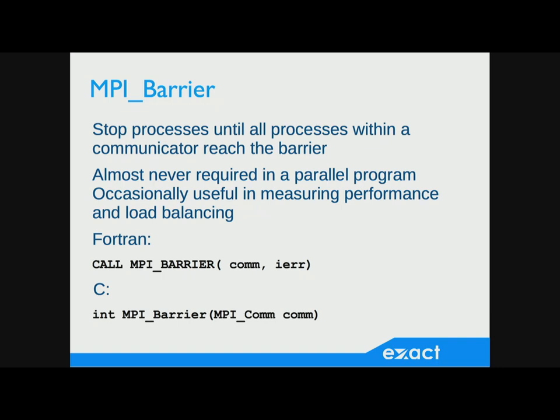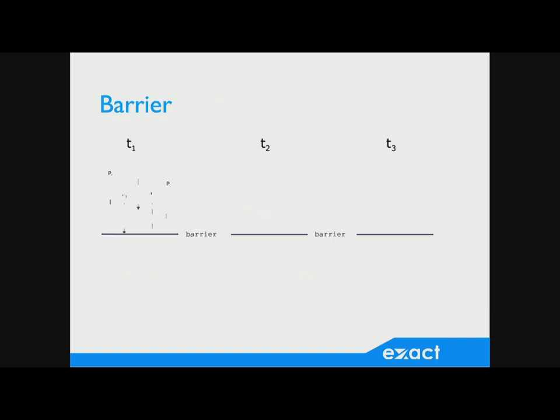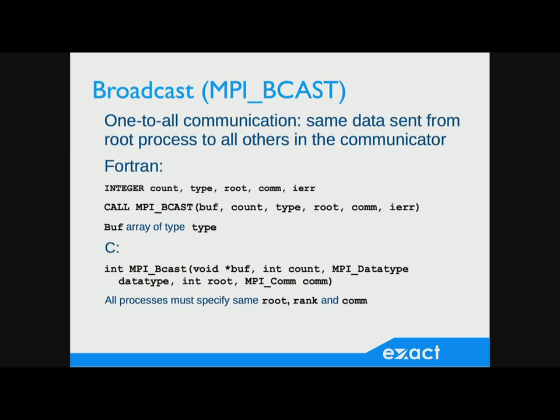Okay, so this is the barrier. At T0, T1, all the processes arrive at the barrier, and then we start again, well synchronized. Very trivial one. Broadcast is another interesting collective operation.